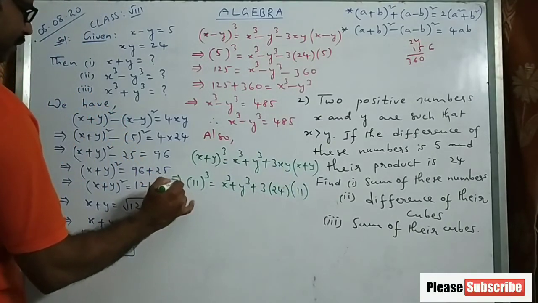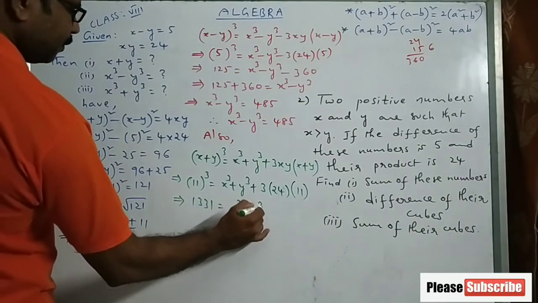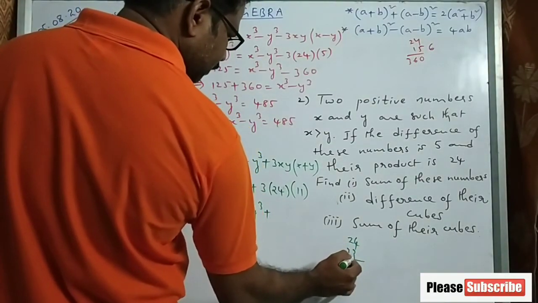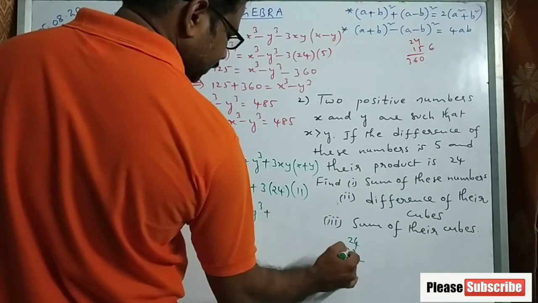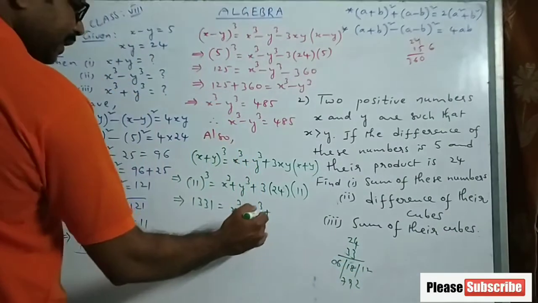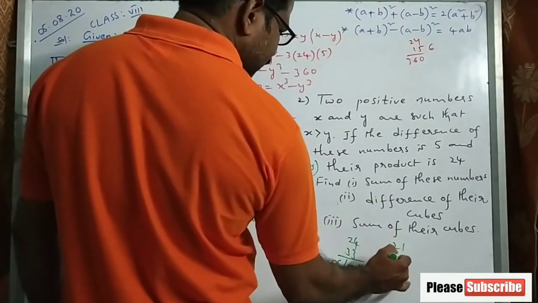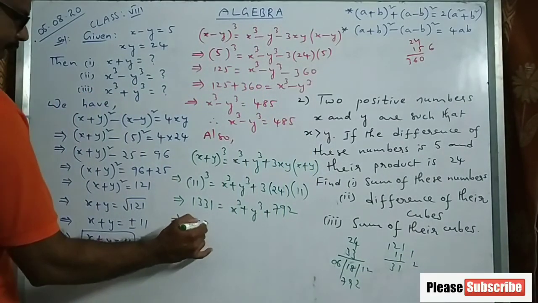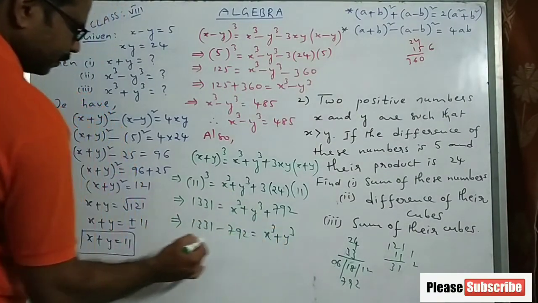So 11 11s are 121, 11 121s are 1331. So x cube plus y cube plus 24 33s, which is 792. 121 11s, correct. 1331 minus 792 equals x cube plus y cube.